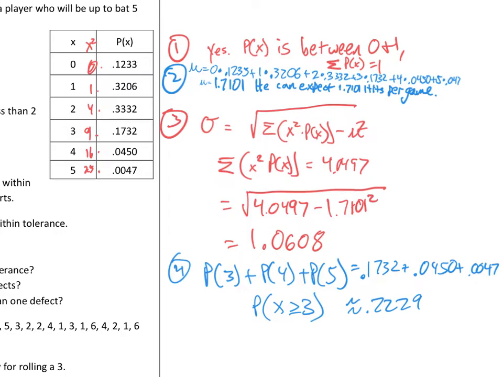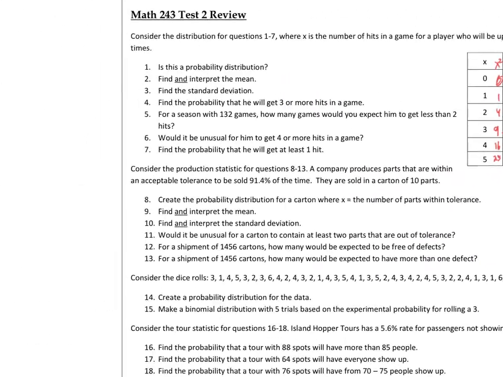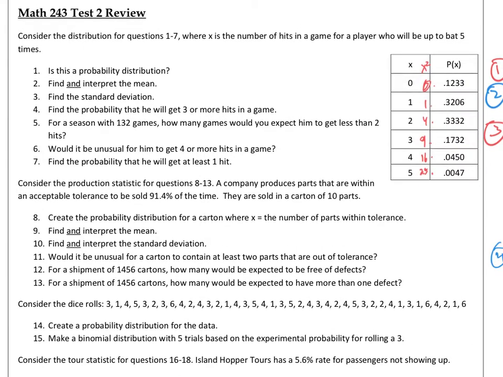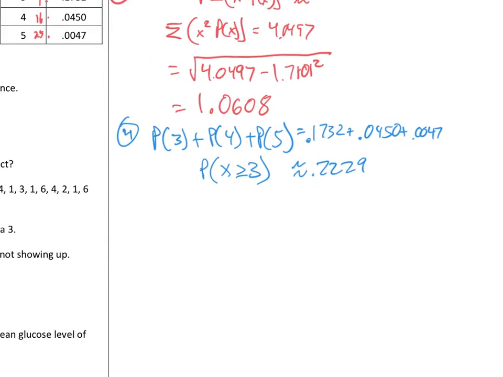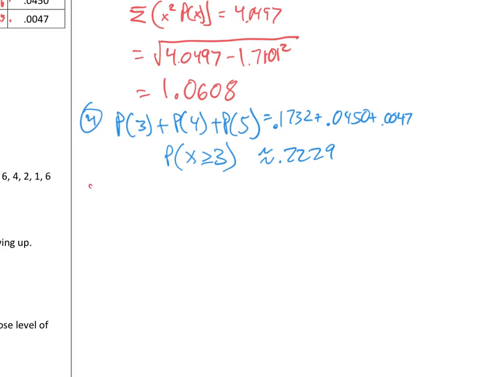For 5, we want to know, for 132 games, how many games is he likely to get less than 2 hits? Less than 2 hits would be 0 or 1 hits. So we want the probability of x less than 2.